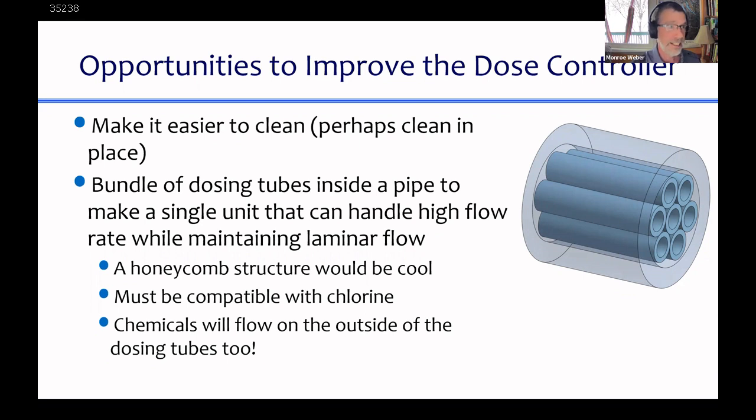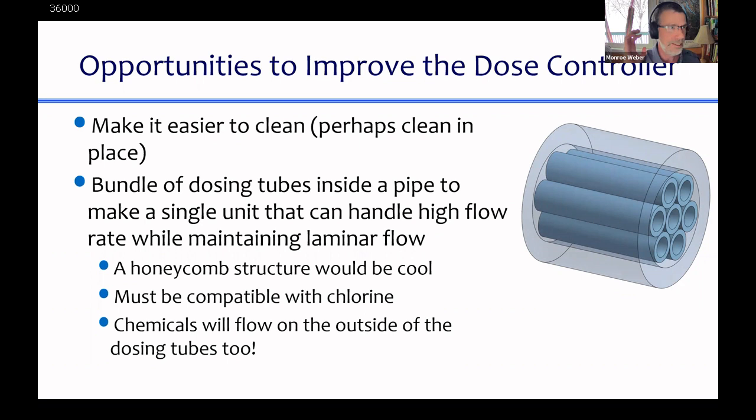One of the big constraints is that whatever you use has to be chlorine resistant, at least on the chlorine side. The coagulant is actually not nearly as difficult. It's just slightly acidic, but it's not corrosive in the same way that the chlorine is. It would be awesome if there were a way to fill up a pipe with a honeycomb structure, a hexagonal structure.